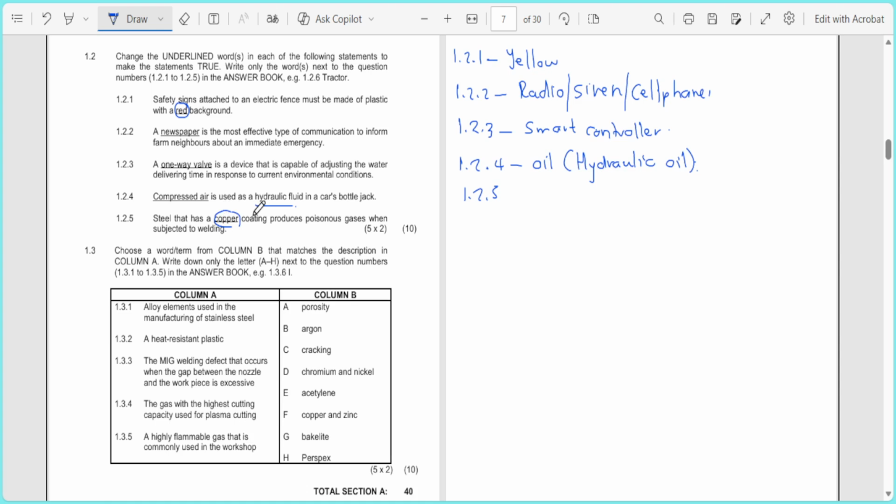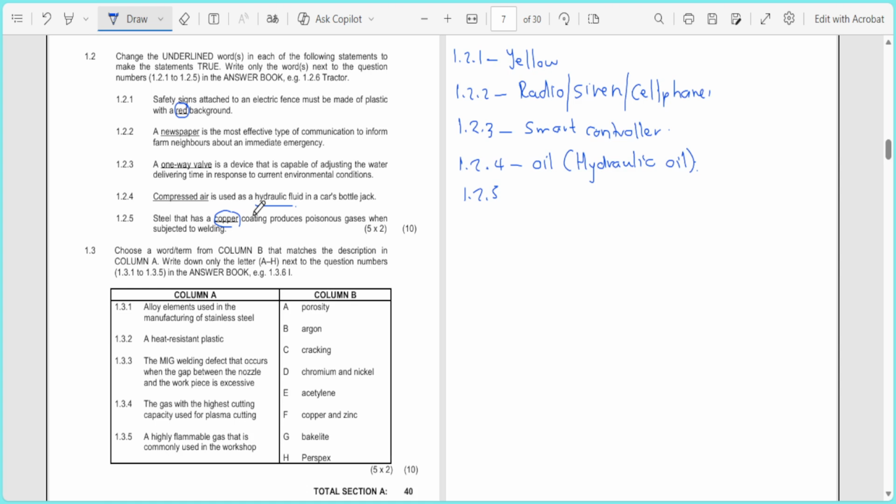Copper coated steel exists, but sometimes it's for conductivity or corrosion resistance purposes. Yes, copper fumes are hazardous, but not typically described as poisonous gases in the welding context. So I would say not the most common coated steel in agricultural settings, right?